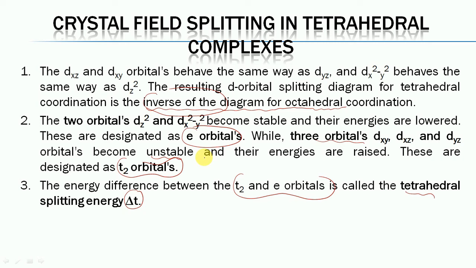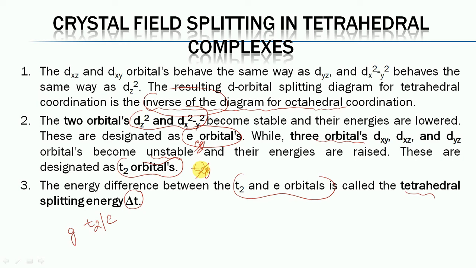Another point of distinction between the splitting of d orbitals in tetrahedral and octahedral fields is that in this case the g term is not used along with T2 and E. So for these two orbitals, the term E is used instead of Eg, and similarly for these three orbitals, the term T2 is used instead of T2g.